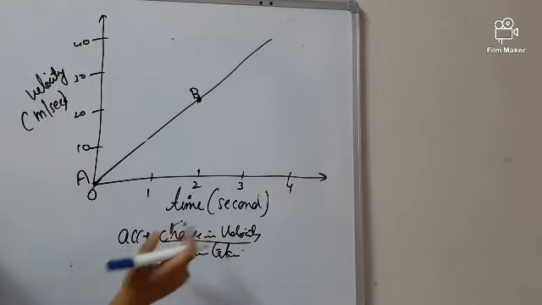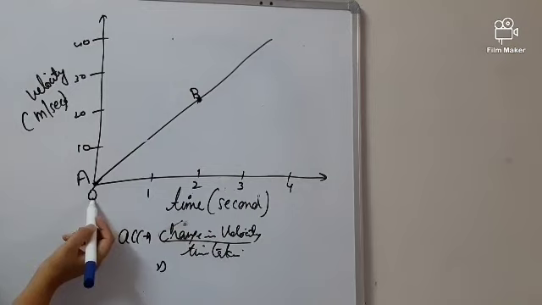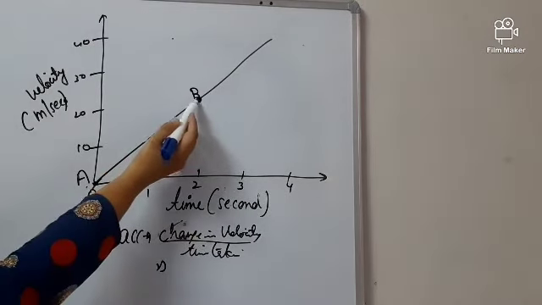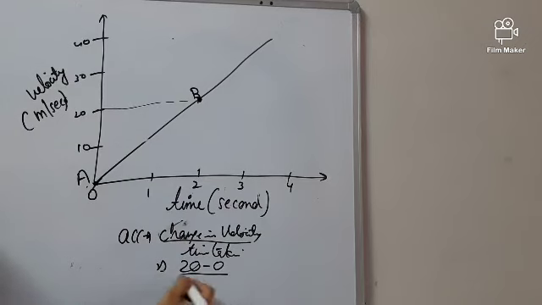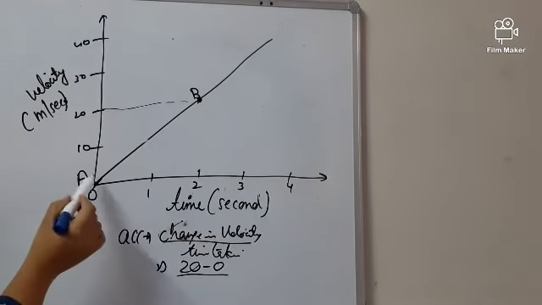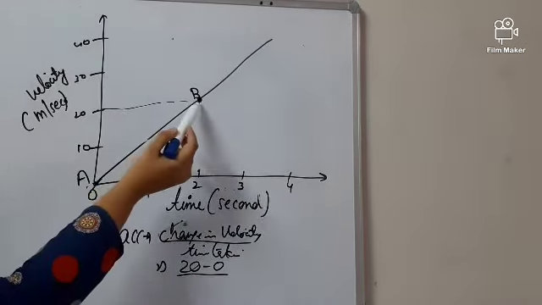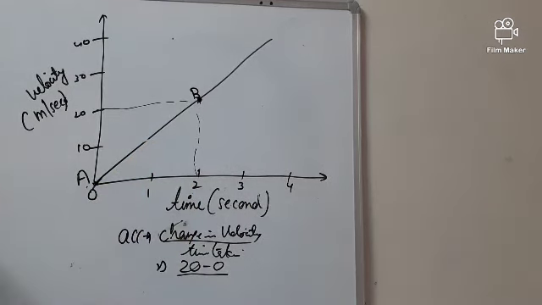At A the velocity is 0, at B it is 20, so the change in velocity is 20 minus 0. At A the time is 0, at B the time is 2, so 2 minus 0. So that is 20 over 2, 10 meter per second square.